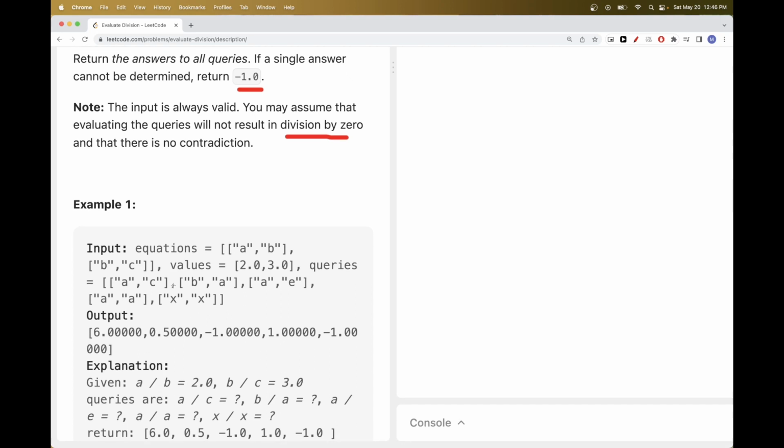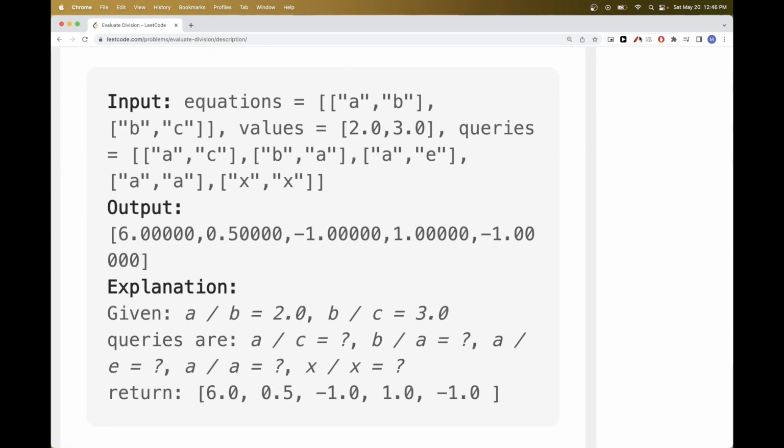Okay, so if we take a look here at the first equation, this means A divided by B is equal to 2, and B divided by C is equal to 3. And so the query that we have here is A divided by C. Okay, so how do we get A divided by C?